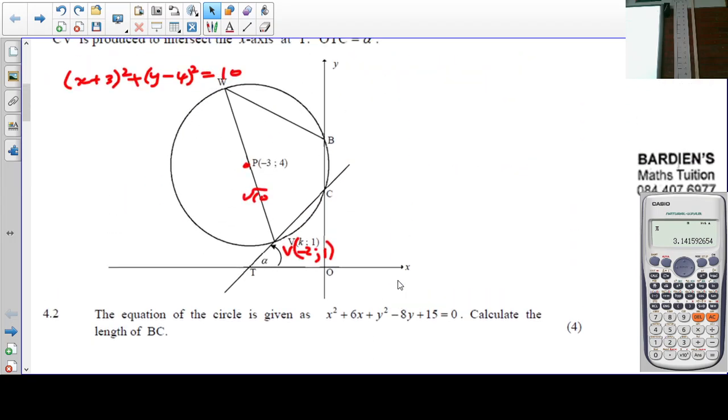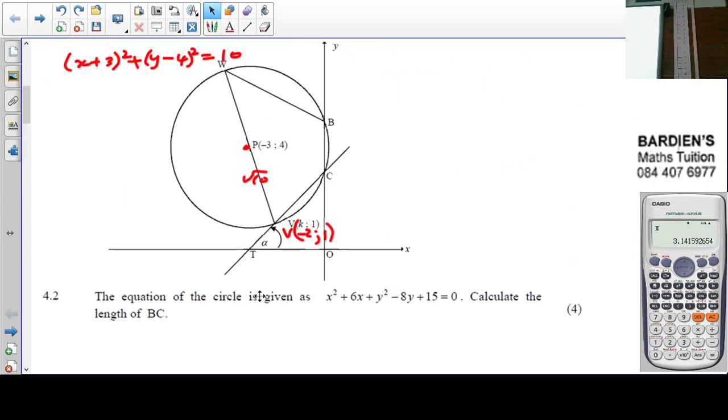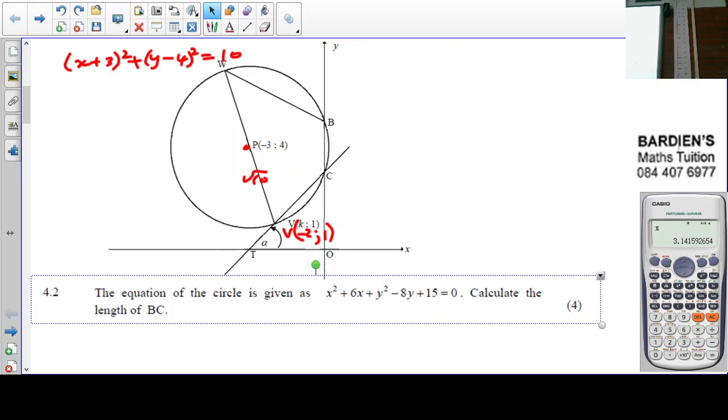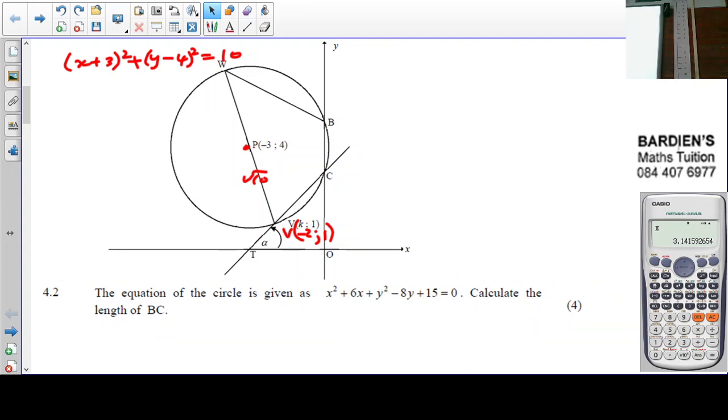In question 4.2, we are told that the equation of the circle is given by... Now you see this x squared plus 6x plus y squared minus 8y plus 15 equals 0 is derived from this equation here.